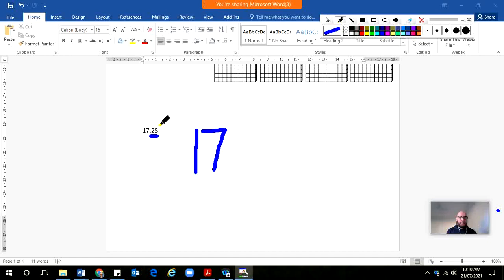In the hundredths column we have 5/100ths, but we also read that as 25/100ths. Okay, so the 17 wholes and 25/100ths.